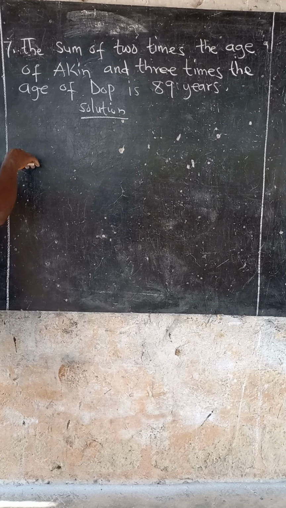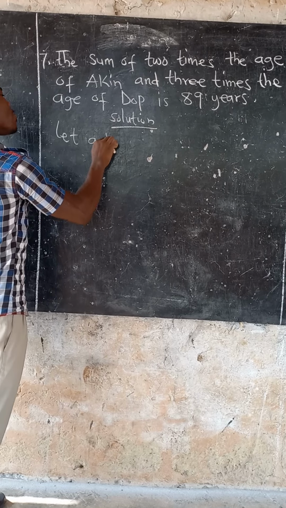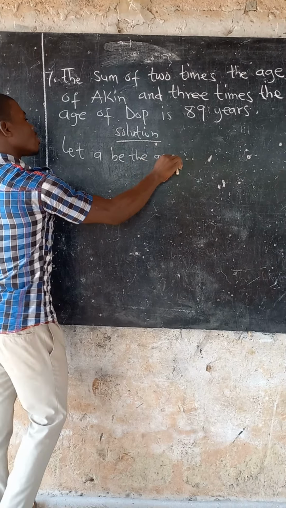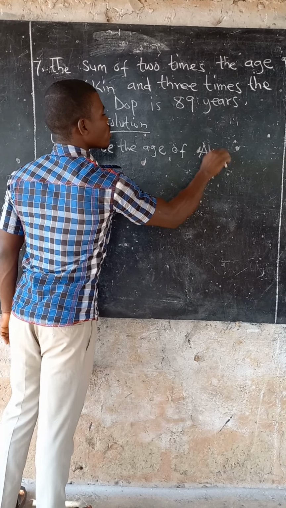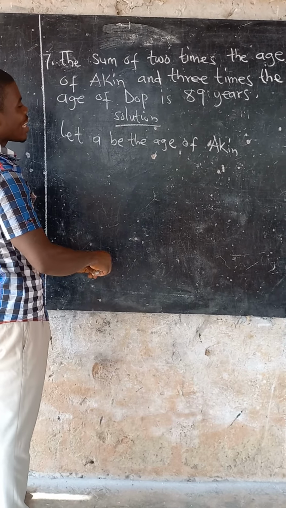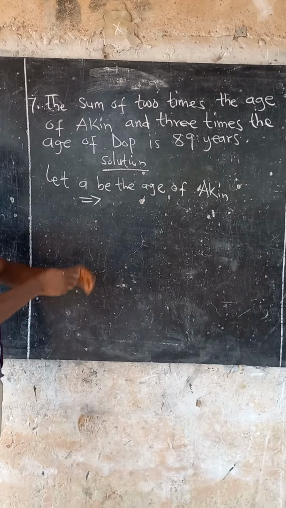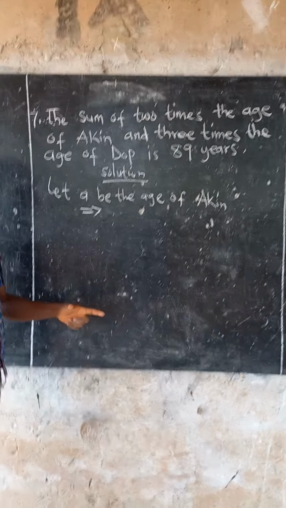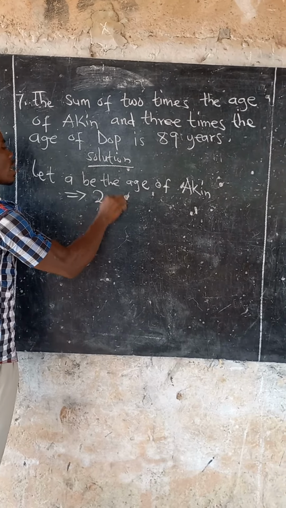Now let's say that A be the age of Hakim. So if A is the age of Hakim, then in math symbol, it is saying that 2 times, so we are going to get 2a.